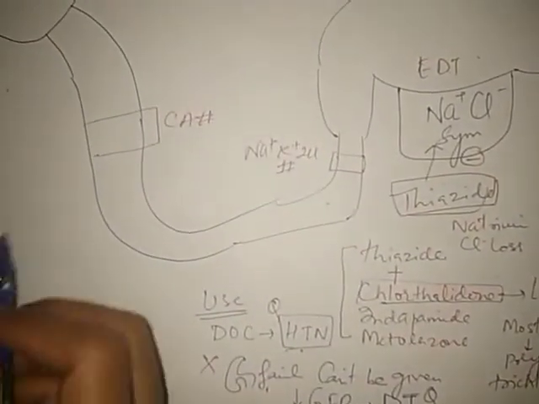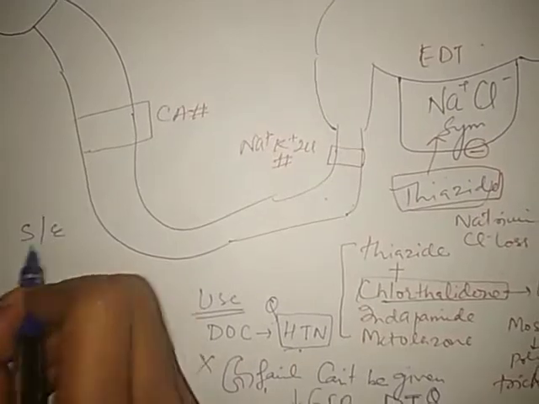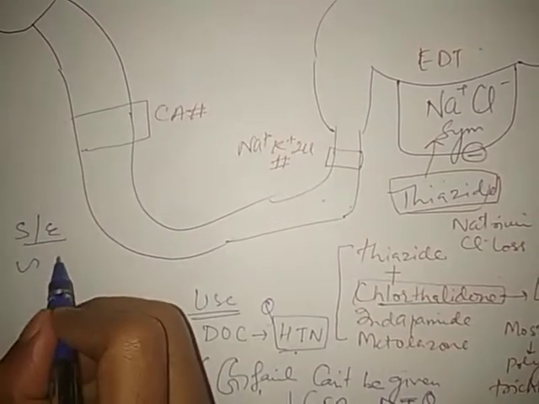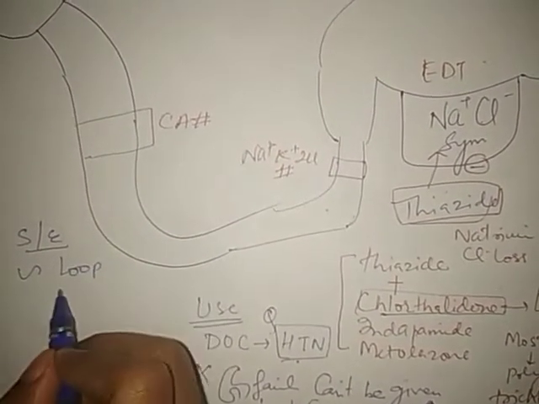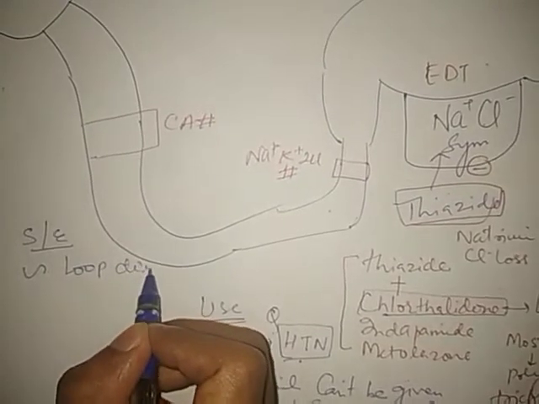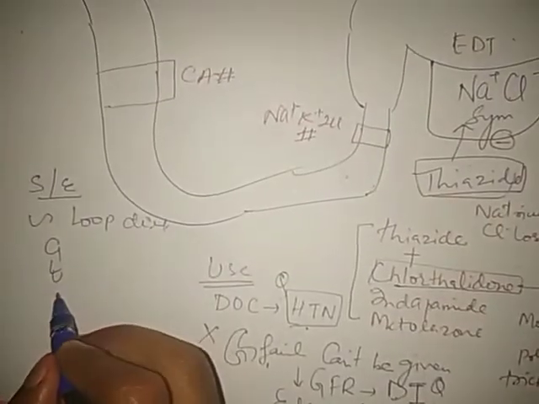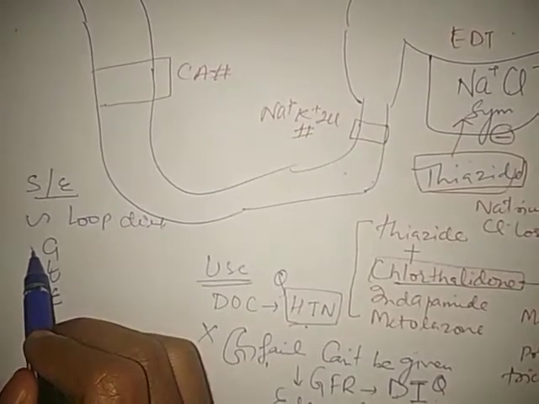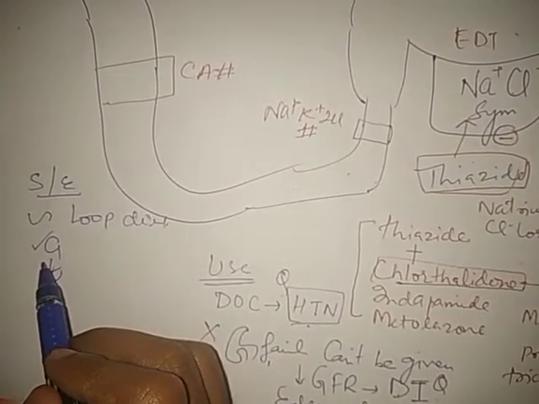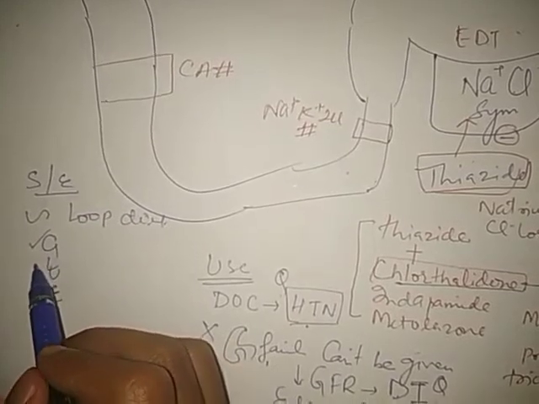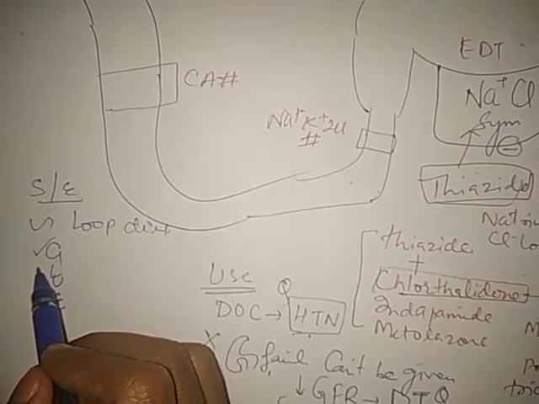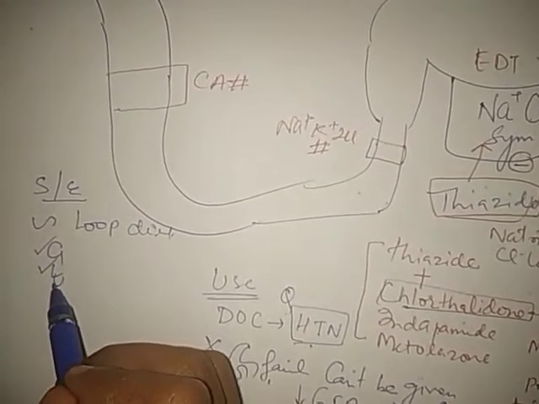Another thing is that the side effects are almost similar to the loop diuretics. As I already told you, you can remember them as GLUE. It increases the glucose in the blood, so it is contraindicated in diabetic patients. It can increase the lipids, so hyperlipidemia can occur.